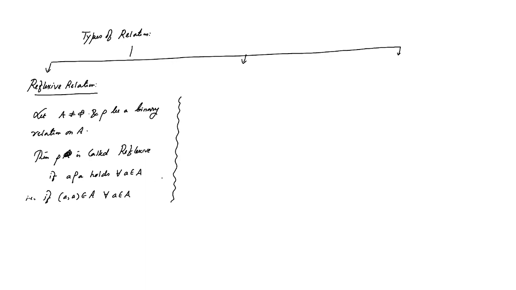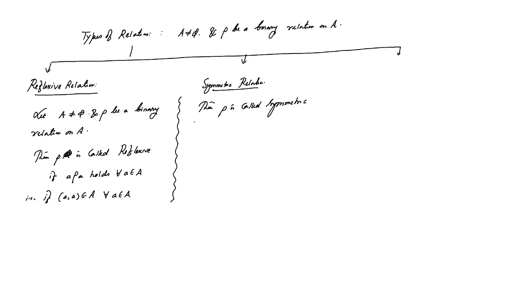Now we come to the symmetric relation. The common thing is A is a non-empty set and rho be a binary relation, or relation, on the set A. Then rho is called symmetric relation if a rho b implies b rho a for all a, b belongs to A. If a rho b holds, then b rho a holds.